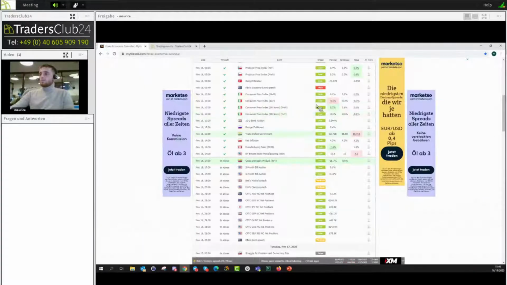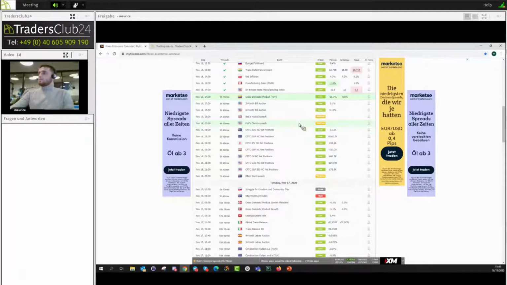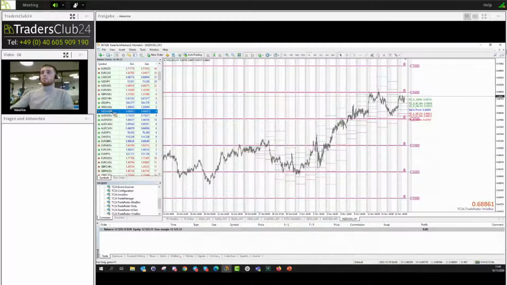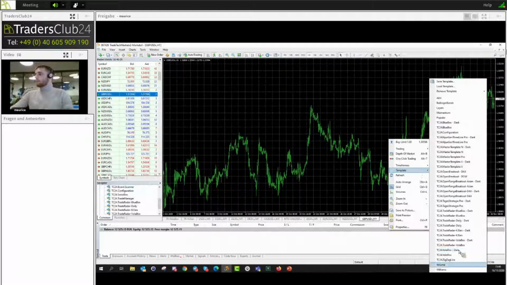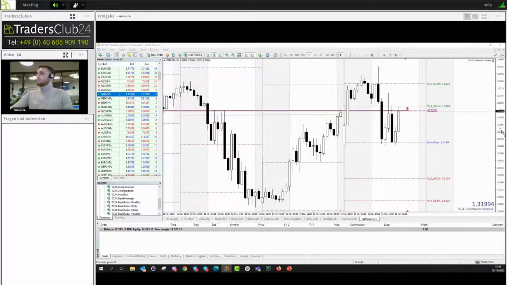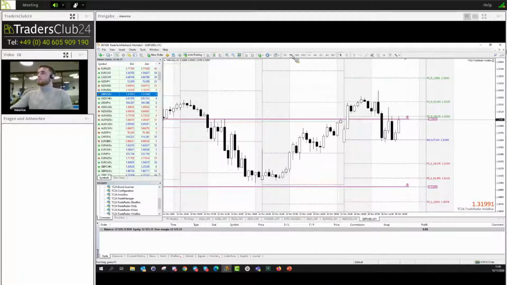So maybe we can check out a British pound pair. There'll be something coming up a bit later. Template, volatility. Again, we want to take it down to our 1 minute chart or a 5 minute chart.